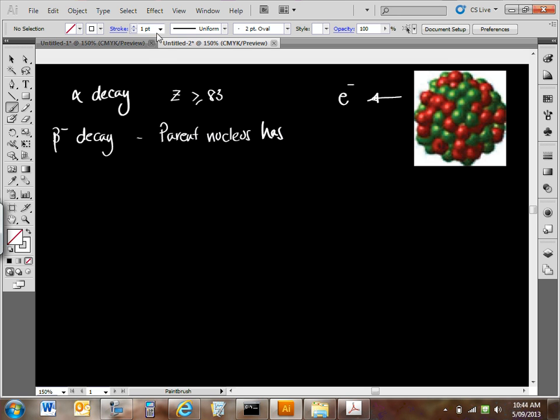The parent has too many neutrons. A neutron has turned into a proton.